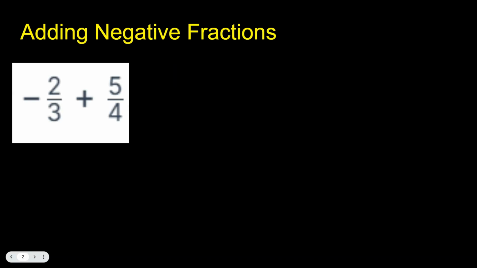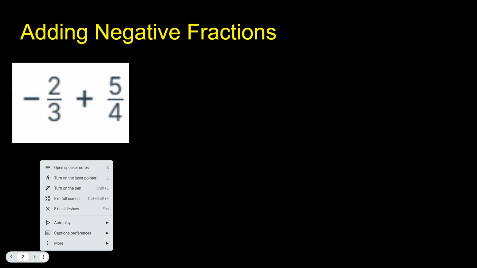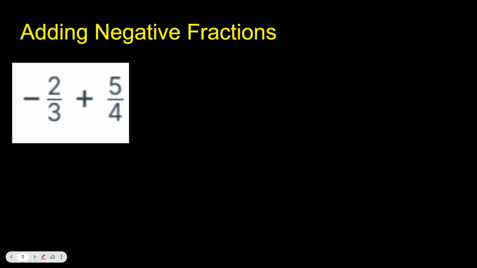We will have to look for our least common denominator, or what you call the LCD. And how are we going to do that? We can see here that we have 3 and 4 as our denominators.